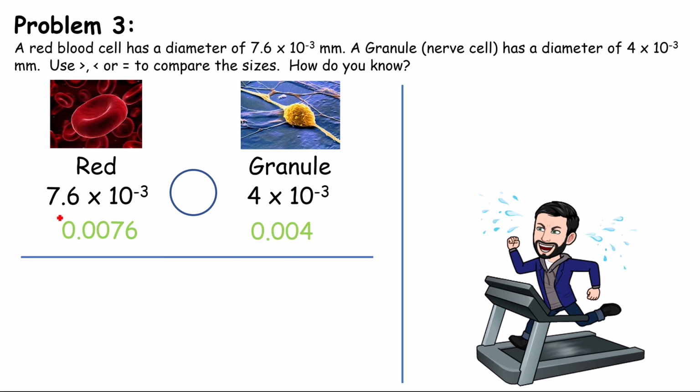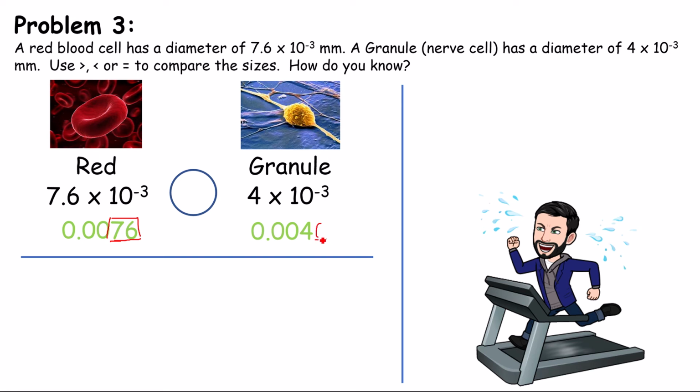Notice that the negative 3 says move this decimal 1, 2, 3 places to the left. Same thing over here, move this decimal 1, 2, 3 places to the left. And look at what you end up with. This is 76 tenths, hundredths, thousandths. This is the 10,000ths place. So I have 76 10,000ths compared to tenths, hundredths, thousandths.